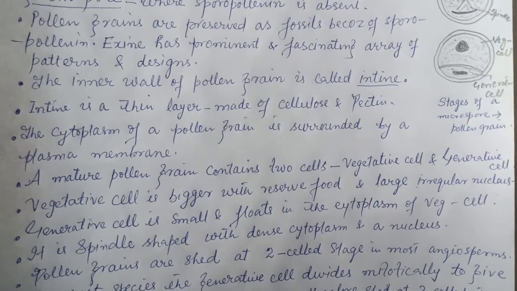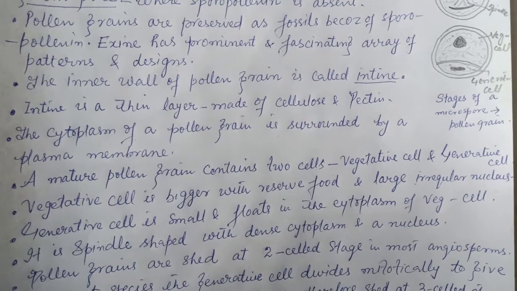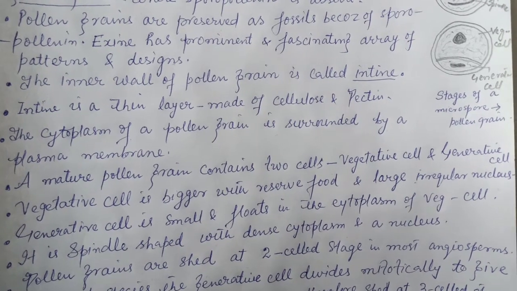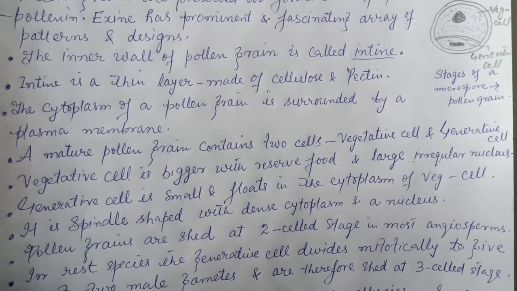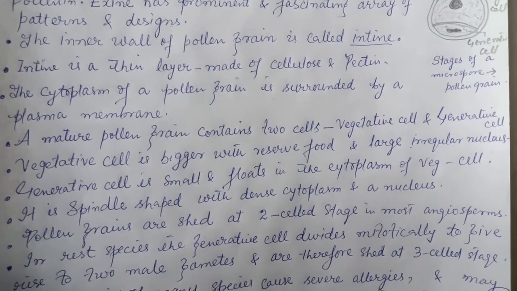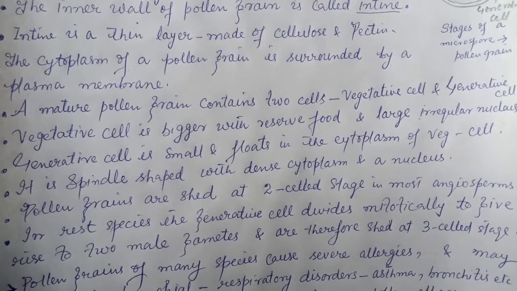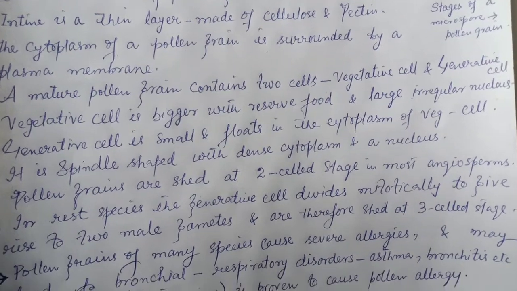The vegetative cell is bigger with reserve food and a large, irregularly shaped nucleus. The generative cell is small and floats in the cytoplasm of the vegetative cell. It is spindle shaped with dense cytoplasm and a nucleus.